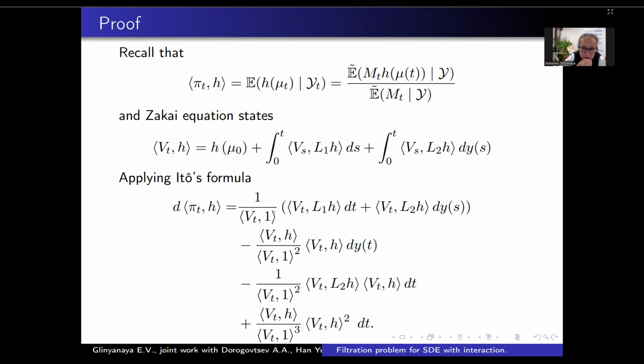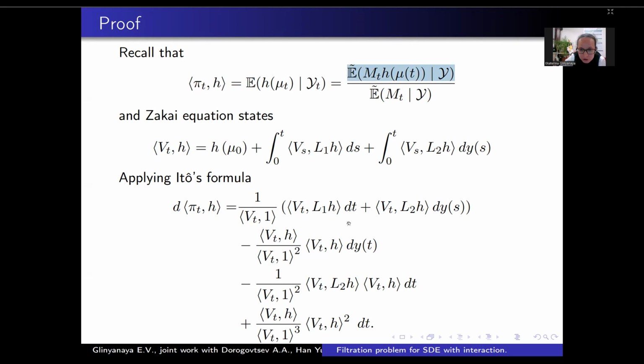What we need is to apply the Itô formula to this fraction, as I recall. We know the Zakai equations for these parts, so Vt is just the numerator and the denominator in these formulas, and then we just apply the Itô formula to this fraction. It can be done here.